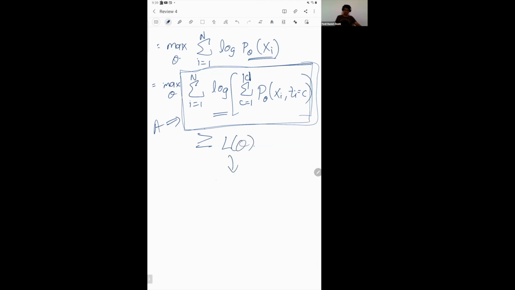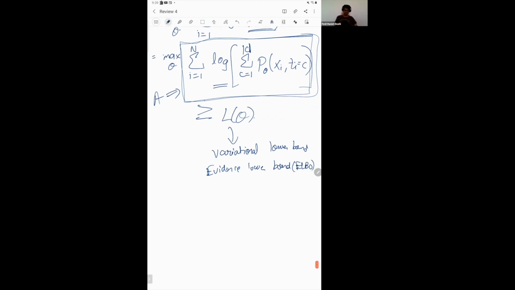This is called the variational lower bound, or evidence lower bound, ELBO. These are the terminologies you find in most of the literature. What this term is, we'll go through in a bit.